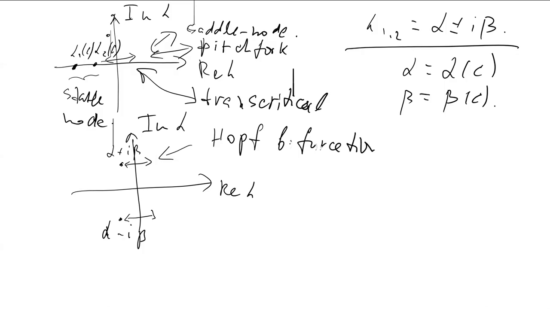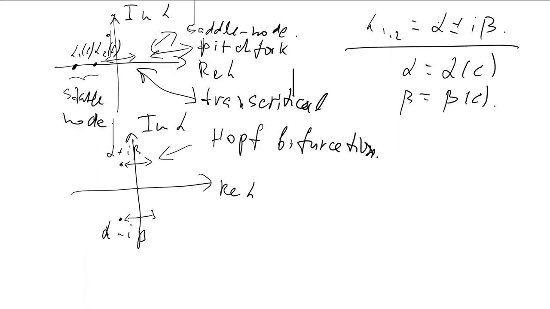And limit cycles appear in the course of Hopf bifurcation. So the non-degeneracy condition for Hopf bifurcation is quite complicated. I'm not going to show it here, but at least I will mention a little bit. I will note some critical points here.